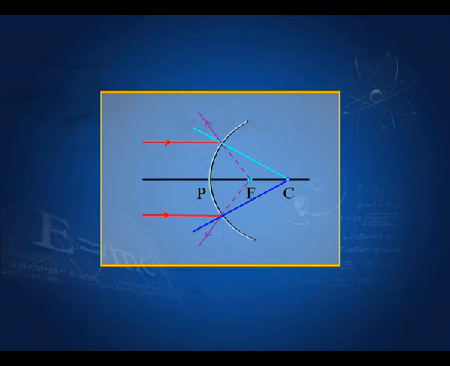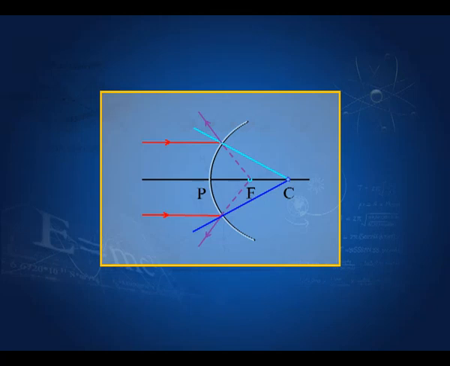The focal length of a convex mirror is positive, because it is measured in the direction of the incoming light. The light is coming from the left, and this distance is also measured from left to right. Therefore, this is a positive distance. So, the focal length of a convex mirror is positive according to our convention.